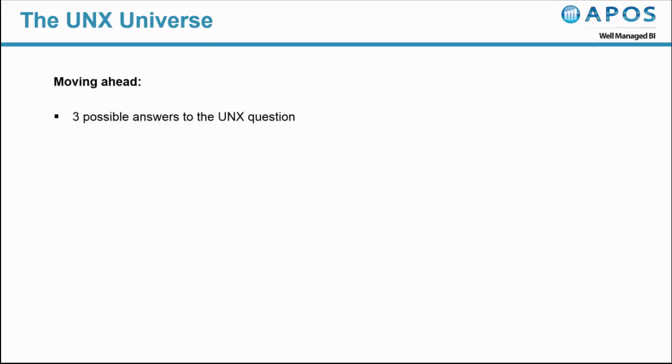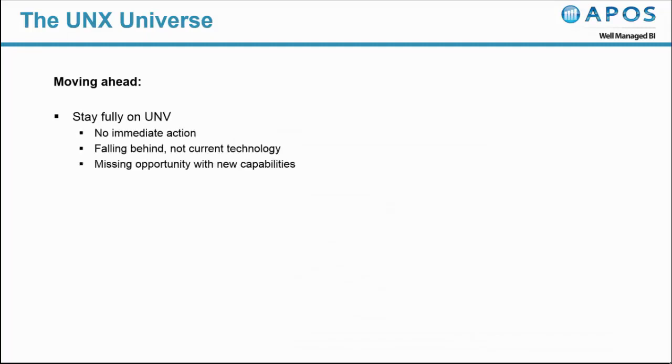So, speaking about moving ahead to UNXs, we now know a little bit about the UNX. We've got three choices as to how to proceed with our semantic layer on the BI 4.1 platform. One choice might be to stay fully on UNVs and decide, you know what, I don't want to move to UNXs, I just want to stay where I am. That has some pluses and minuses.